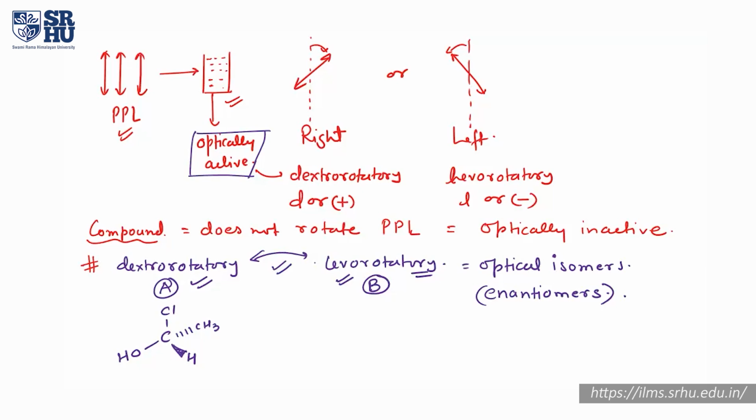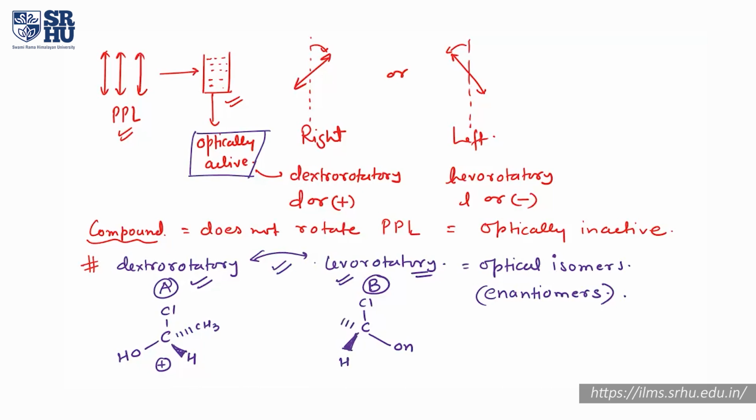Let us take it that this compound was optically active and it was moving the plane polarized light towards right. So certainly its mirror image is the second compound which is levorotatory.